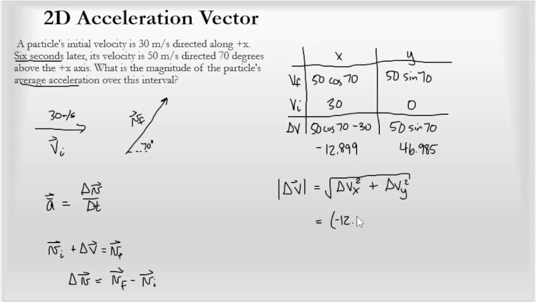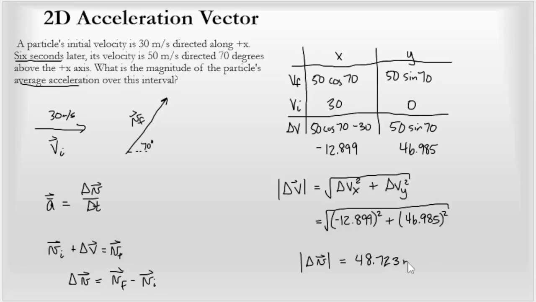You want that negative sign on the inside of your parentheses so that the two magnitudes add together of those squared terms. Okay, and then I'm going to take a square root here. And when I run that through my calculator, I need a delta V. Delta V, the magnitude of that change in velocity is 48.723 meters per second.